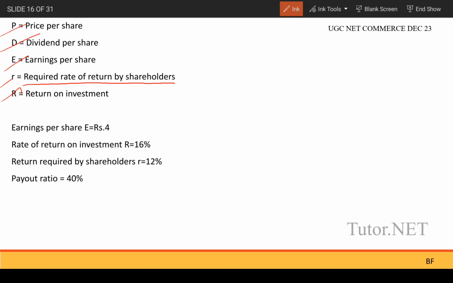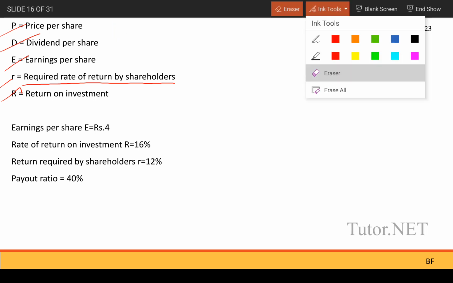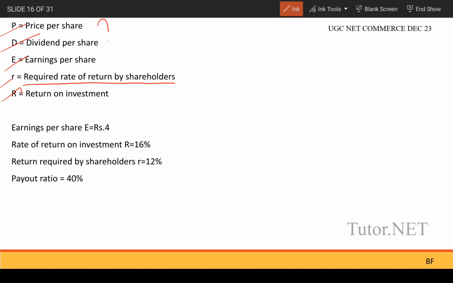We have to find out the price per share, right? The dividend per share we also have to find out, and the earnings per share we know is rupees 4, and the required rate of return by the shareholder is 12%.